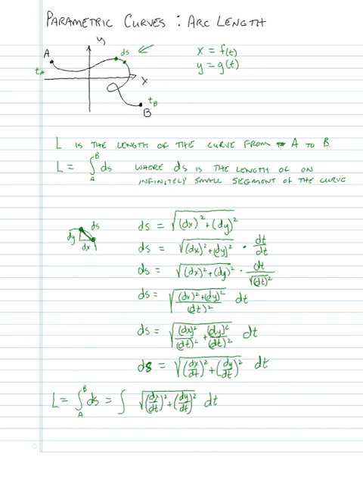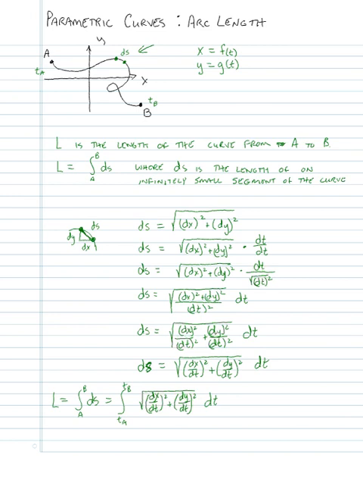And starting at the point A has the parameter value t subscript a. So this is a t value that we're starting at, and we're going to the t value t subscript b. Now, of course, I'm sure I don't have to tell you the significance here: dx over dt is just the derivative of x with respect to t, and we ought to be able to calculate that.